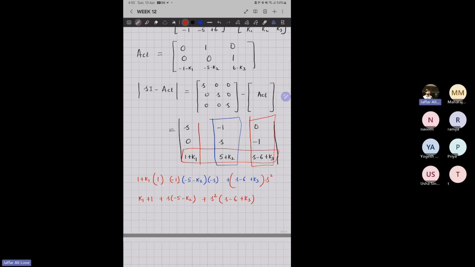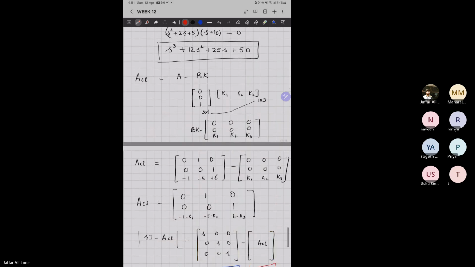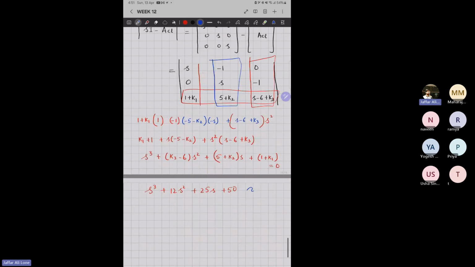If we simplify it, I get S cube plus (K3 minus 6)S square plus (5 plus K2) into S plus 1 plus K1 is equal to 0. Now, what was my desired? Desired was S cube plus 12S square plus 25S plus 50. Yeah, this was my desired.